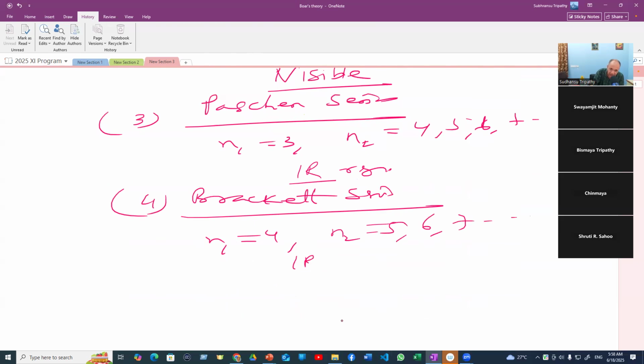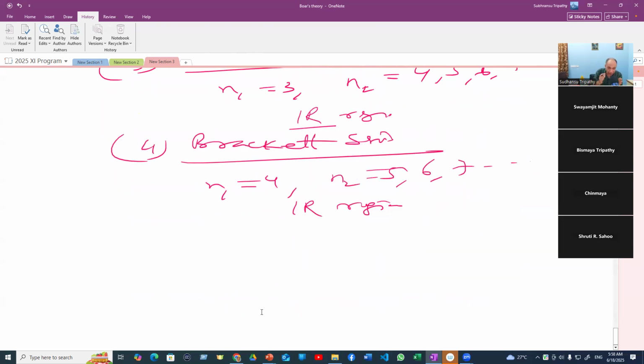This also falls in the IR region, but in a different IR region, in a higher lambda region, which will have a large gap between the Paschen series and Brackett series.